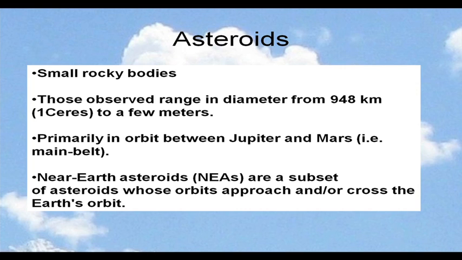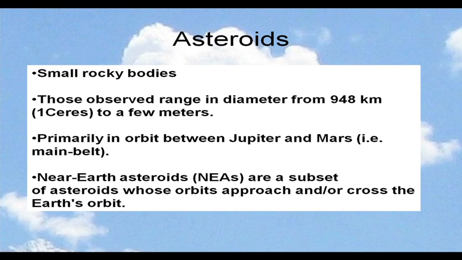Asteroids are small rocky objects in orbit around the sun, and they could be as small as a few hundred meters, and the largest of these objects is 948 kilometers, Ceres. The asteroids include a large number of objects in orbit between Mars and Jupiter.